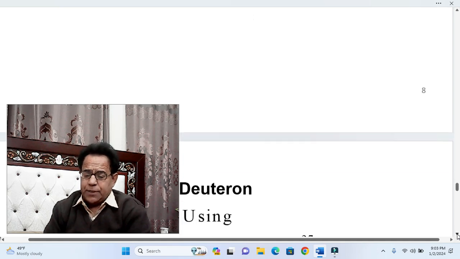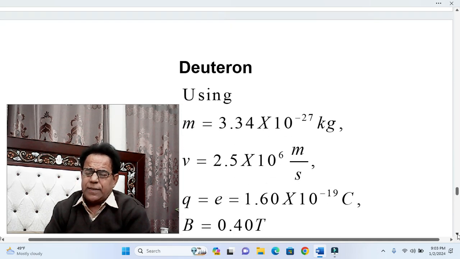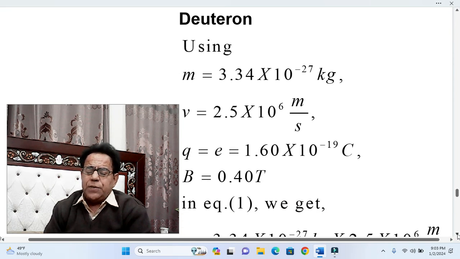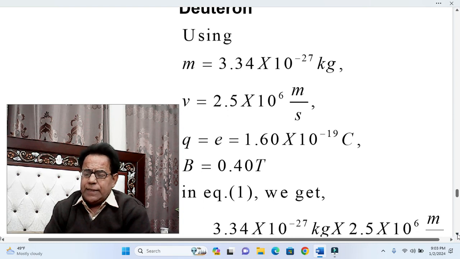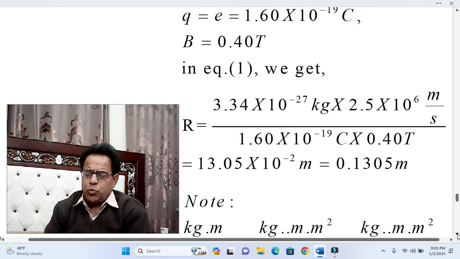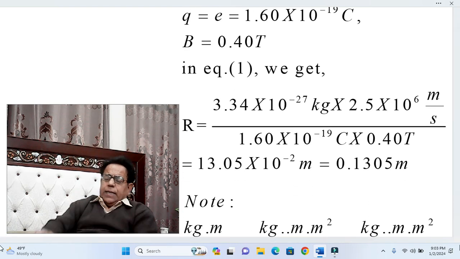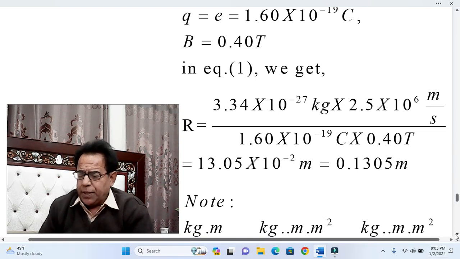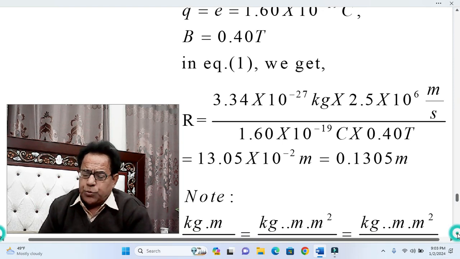Next part, the only difference is that in place of mass of electron or proton, here we have used the mass of deuteron. This is also given in the same table. Using this different mass, our result becomes this. Here once again the whole story is repeated.